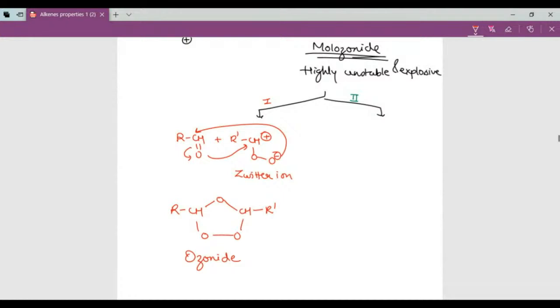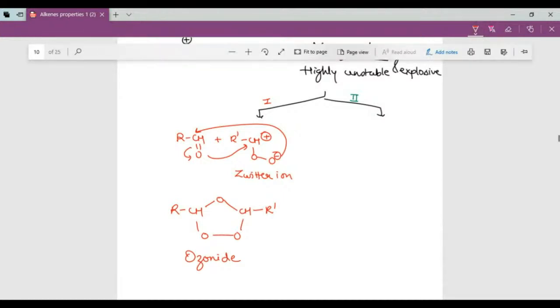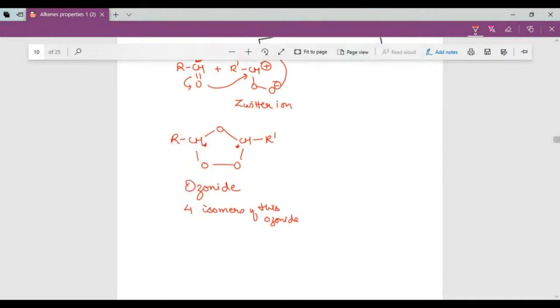Directly this ozonide is given. Now once this ozonide is formed, you should recognize that these are the chiral centers, and there will be in all 4 isomers of this ozonide: cis dextro, cis levo, trans dextro, trans levo. This particular ozonide is formed.